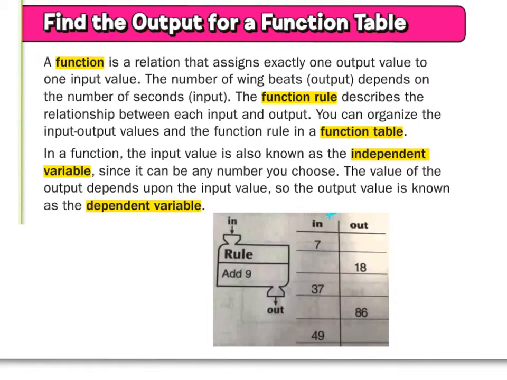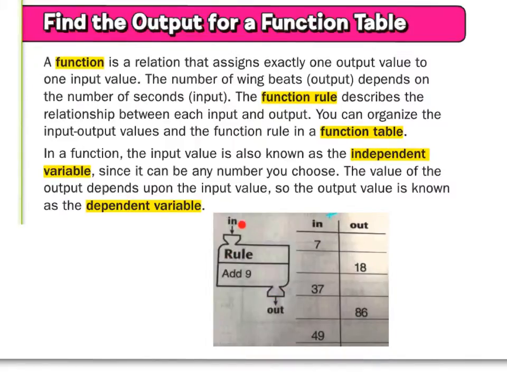What we were working on in that last example is finding the output for function tables. Now function tables you have been using for a long time. There's this big fancy paragraph that outlines it, but I'm going to go back to Everyday Math. If you were in school in Rochester, you'll be familiar with Everyday Math. Remember the in and out chart?